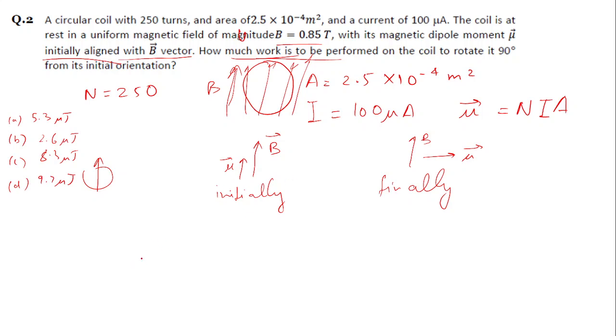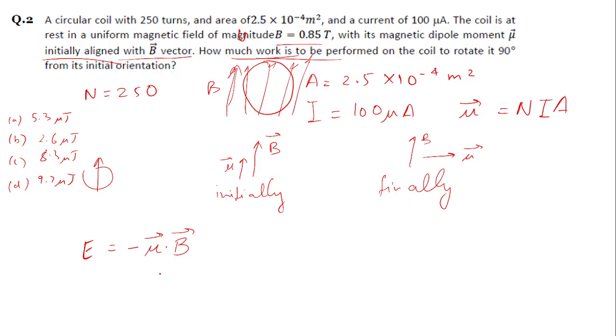Okay, so final is this, initial is this, and the energy. So we know whenever a field is applied to any magnetic moment, there is force acting on it, and there is potential energy term. Either we can write E, we can use the symbol U, anything is okay. But the energy formula is minus of this magnetic moment dot product with the magnetic field vector.